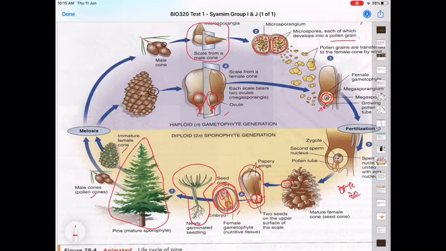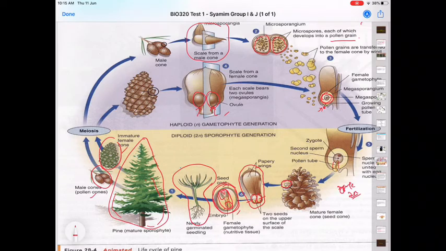You must remember, inside the sporophyte, okay, there are 2 types of cone, female and male cones, but the difference between these two is the location. Macam contoh female, they are located at the upper branch, and the size also bigger compared to the male cones.